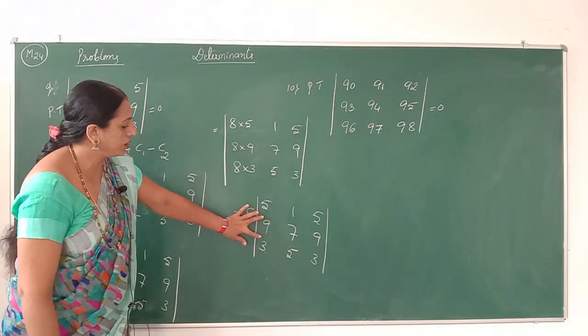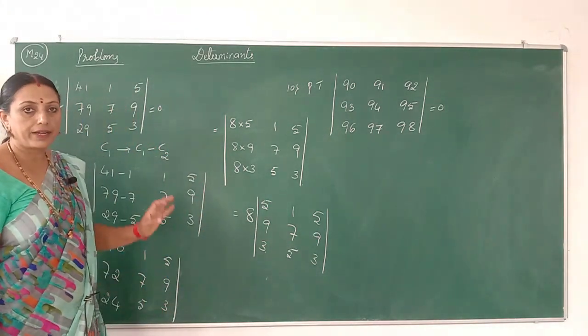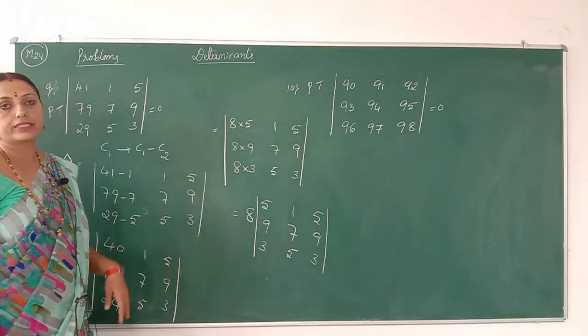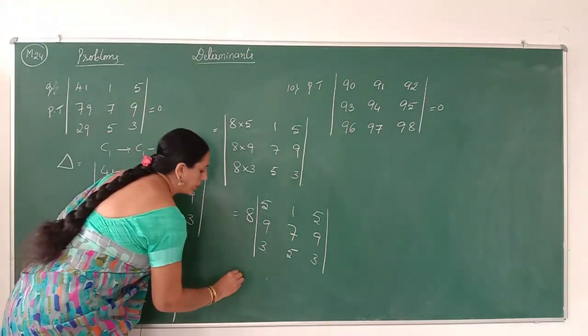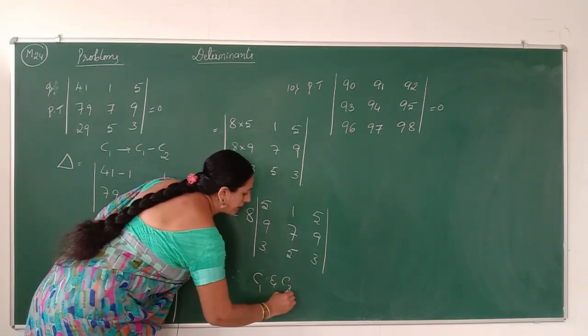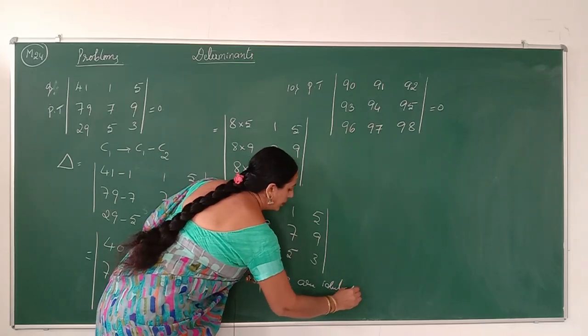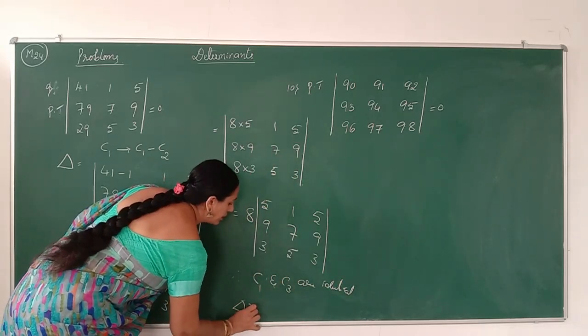Then we observe that the first and third columns are identical, therefore the value of the determinant is 0. Therefore, all the elements of C1 and C3 are identical, so delta is 0.